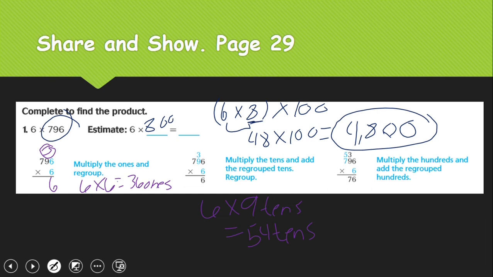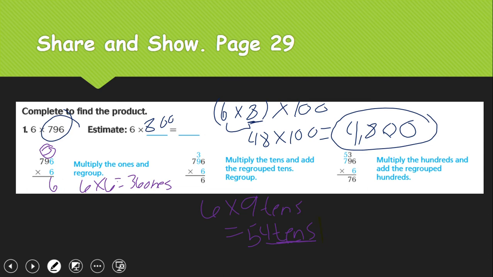So your 4 needs to be placed in the tens place value, and then your 5 must be regrouped up in the hundreds. Okay? But we made a mistake, my apologies. I forgot to add my regrouped number. Look at that, see? Making mistakes, and it's okay, as long as I can find my mistakes and fix them.